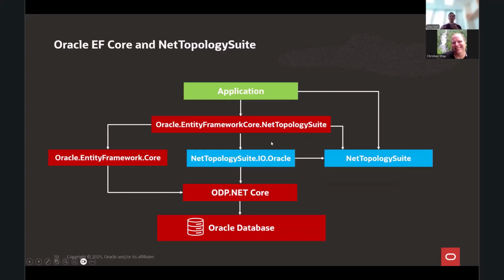And then that will go to either the Oracle Entity Framework Core or your NetTopologySuite IO library or NetTopologySuite itself, and be able to resolve how to get those interactions between ODP.NET Core, your geometry types, and the Oracle database, saving it, updating it, whatnot.